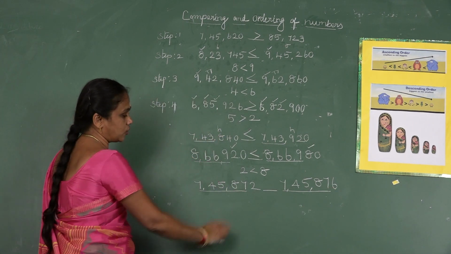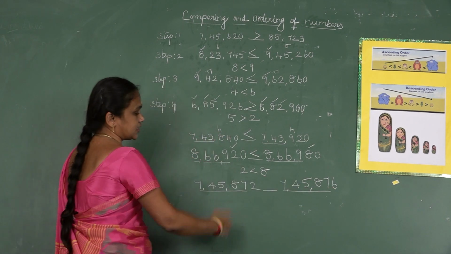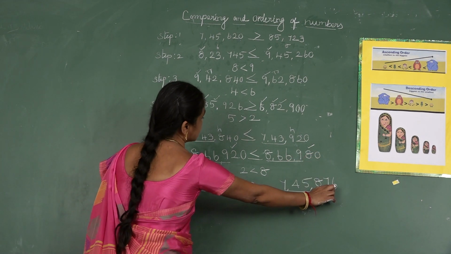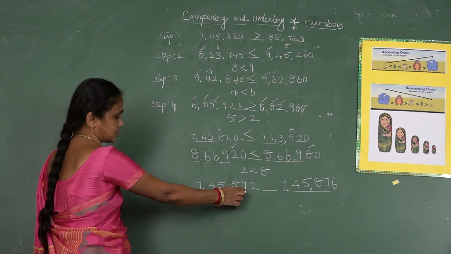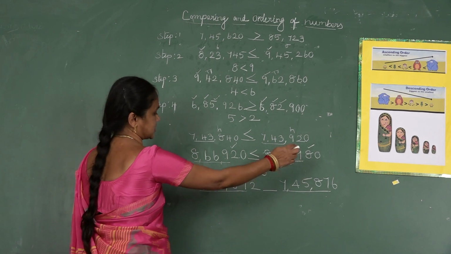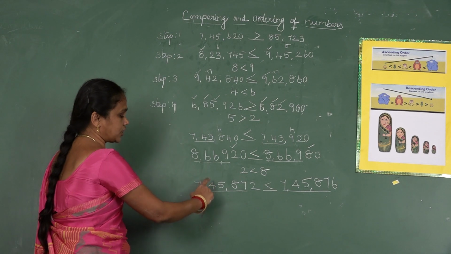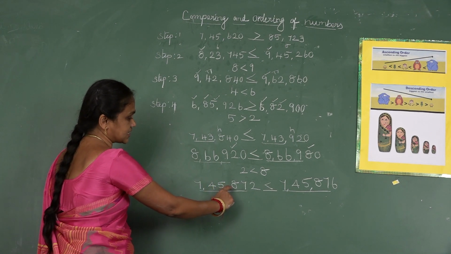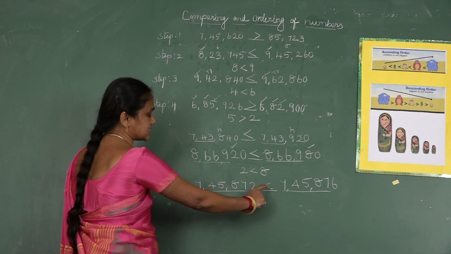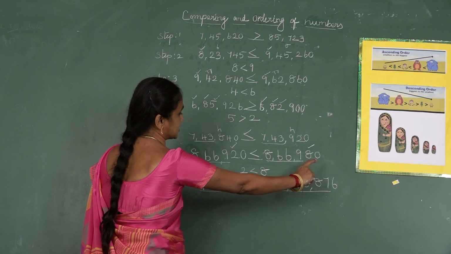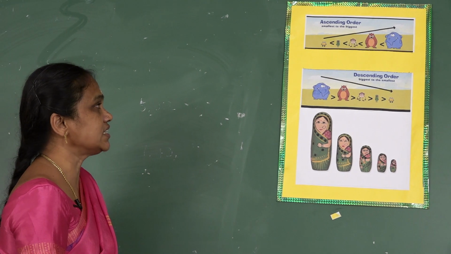So we compare the ones digit. Here the ones digit is 2. Here the ones digit is 6. The 2 is less than 6. So 7,45,872 is less than 7,45,876. Now we see ascending order.